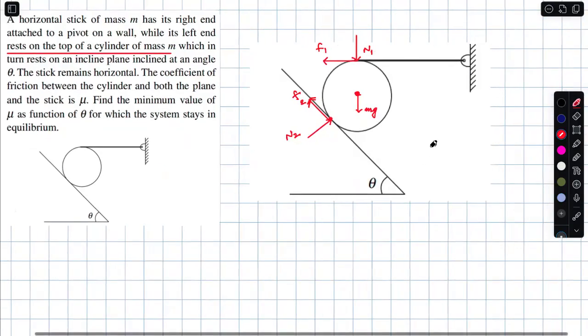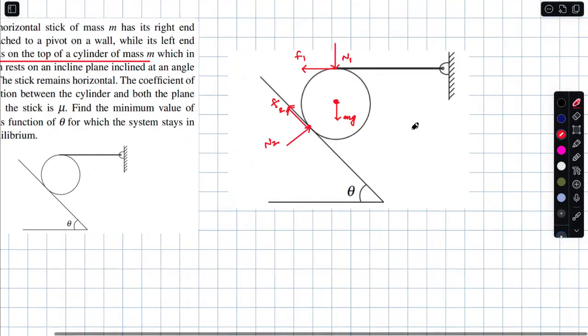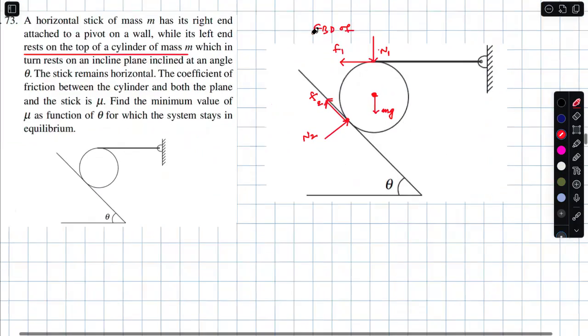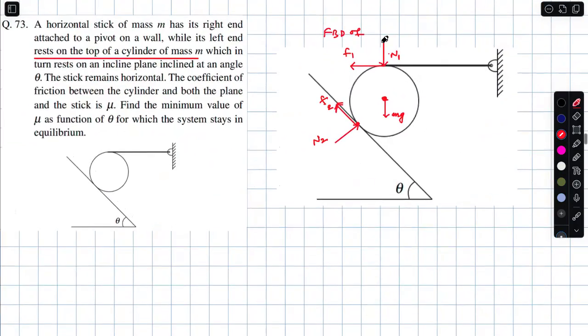Right. So this is the free body diagram of the cylinder.